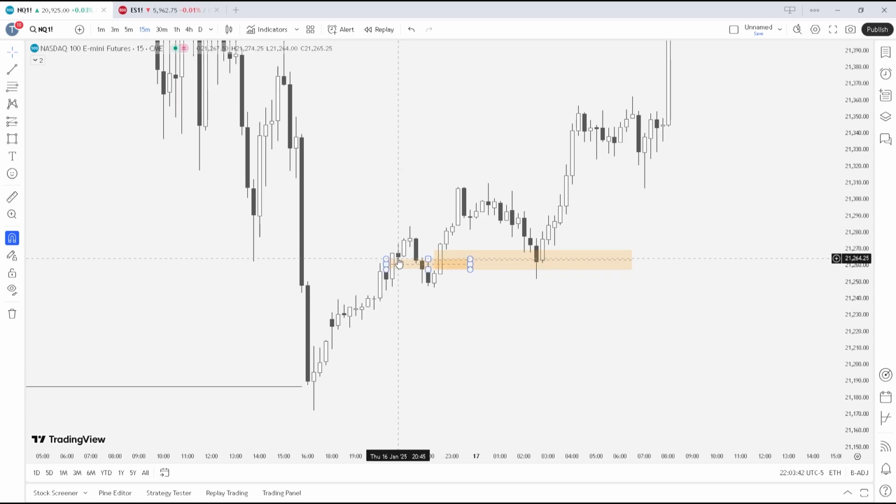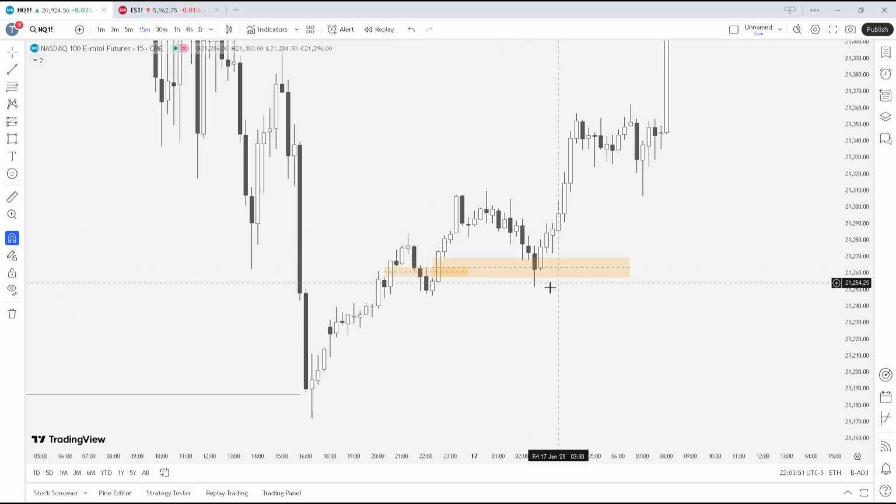I wouldn't really want to be taking a trade off of this first fair value gap, since we don't have a strong enough confirmation yet, but I would be comfortable taking a trade off of this second fair value gap right here when we retrace into it, because we can clearly see we have this high, this higher high, and we have this low, and this higher low. So I would be pretty confident that we're starting to turn into bullish order flow.